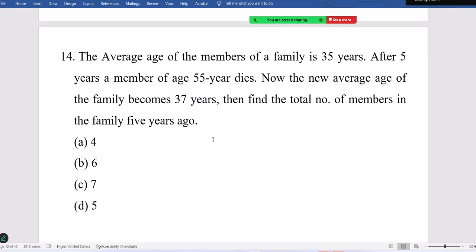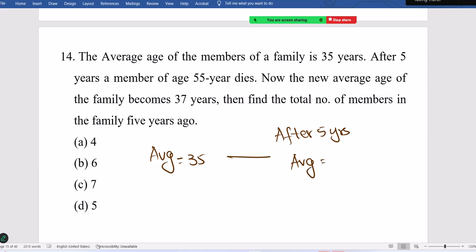The average age of a family of n members is 35. After 5 years, the average should be 40, but it becomes 37.